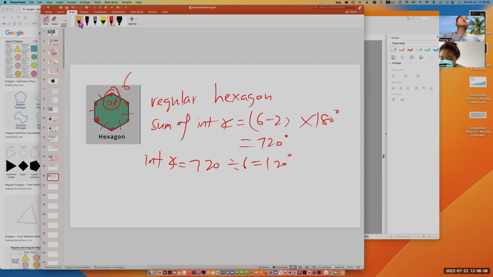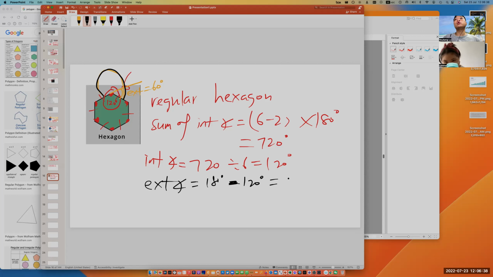If you are asked to find the exterior angle, it's 180 minus 120, which is 60. If you are asked to find the reflex angle, it's 360 minus 120, which is 240. So the exterior angle is 180 minus the 120.